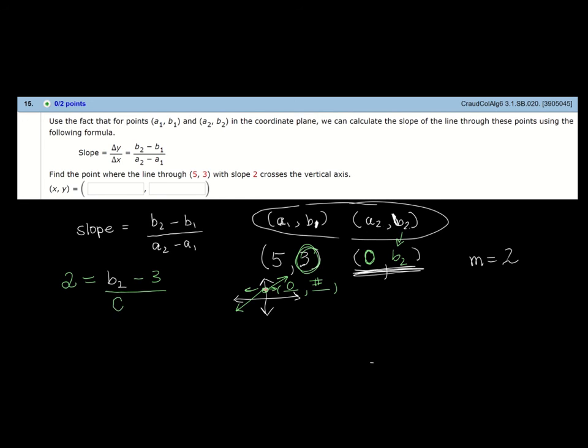A2 is 0. We know that value from the form of a vertical intercept. Subtract off A1. A1 is in the first position of our first coordinate pair, and it has a value of 5. So just simplifying a little bit, we have 2 is equal to B2 minus 3 over negative 5.